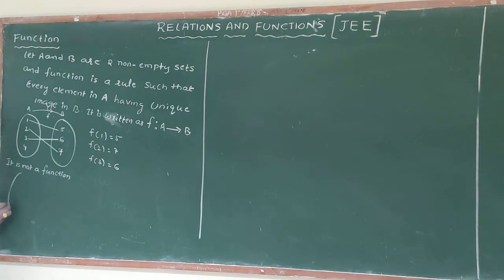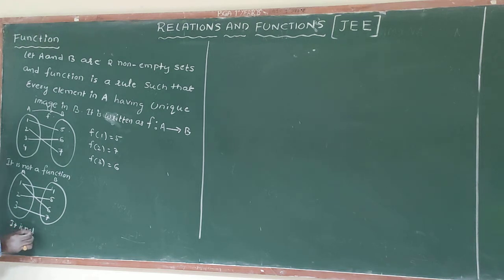Coming to the next. 1, 2, 3, 4, 5, 6, 7. This is set A and this is set B. 1 is related to 4, 1 is related to 6, 2 is related to 5, 3 is related to 7. It is also not a function. Why is it not a function?